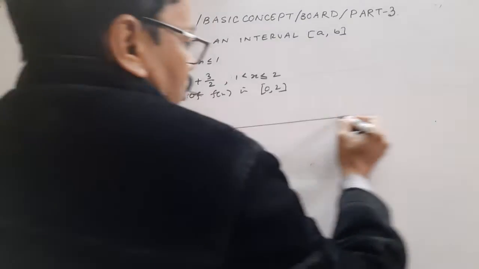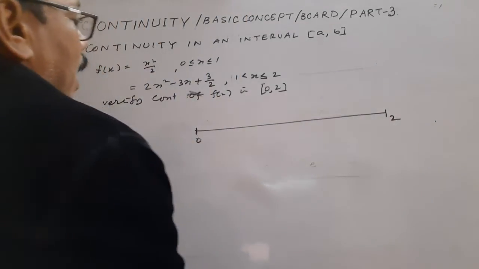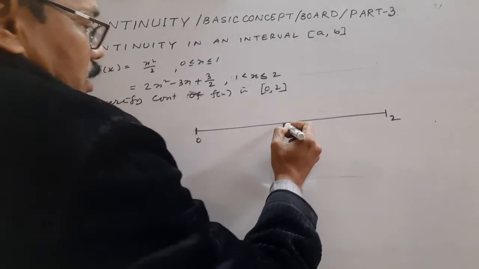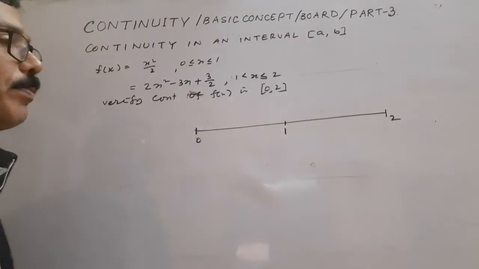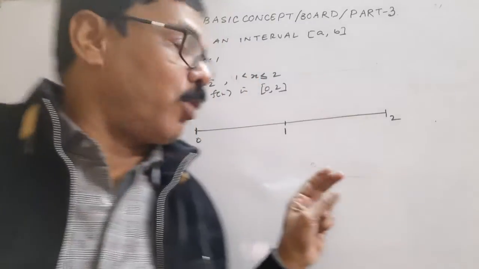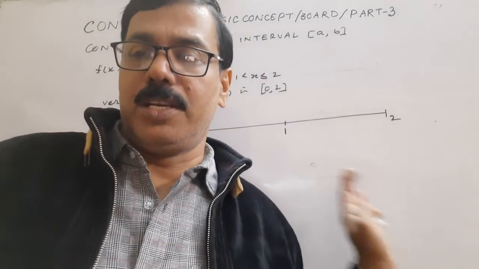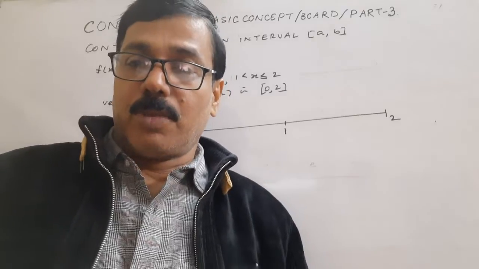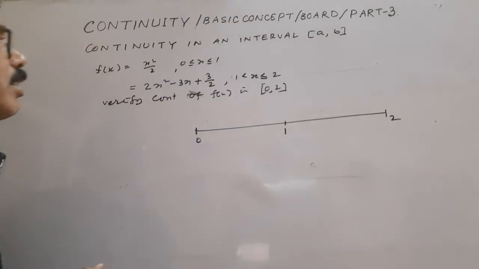So look, 0 to 2. A condition is given in 0 to 1 and 1 to 2. So there are many points in between 1 and 2. Many points, infinite number of points. But we verify continuity at the restricted point.